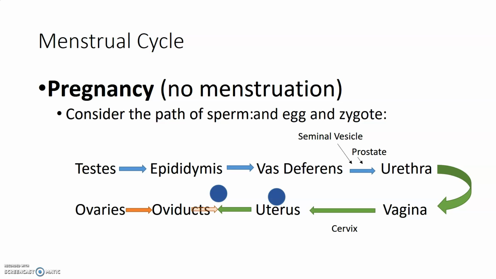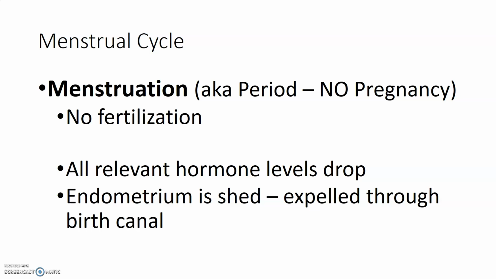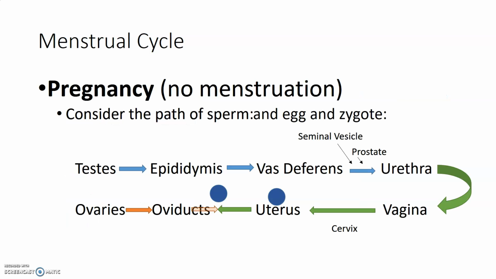So if this happens, you have started the process of making a baby. Obviously, the zygote still has to implant in the uterus, and it still has to go through all these developmental challenges. This by no means guarantees that there will be a baby, but it is the beginning of the process.